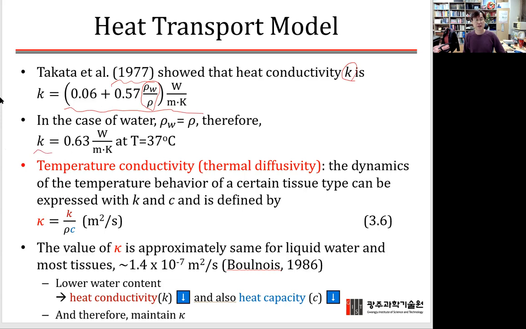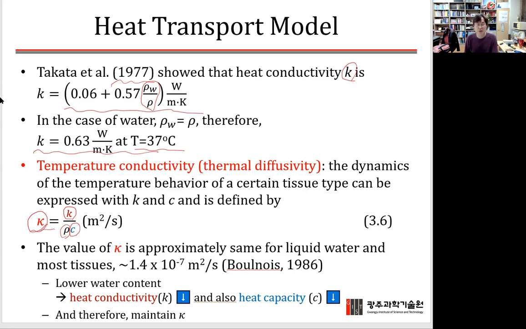So simply for water, the heat conductivity K is 0.63 at a temperature of 37 degrees Celsius. Temperature conductivity, or in other words thermal diffusivity, is shown as kappa, and this kappa is heat conductivity divided by the density of the tissue and the heat capacity C.